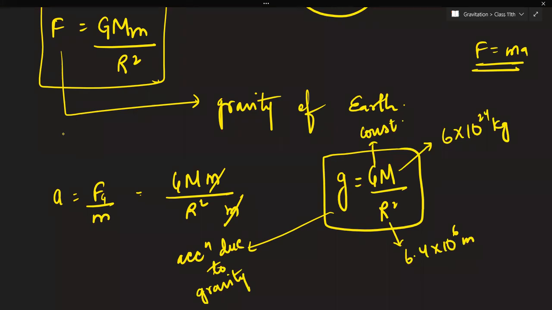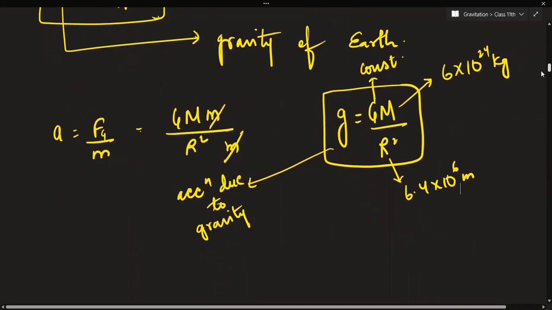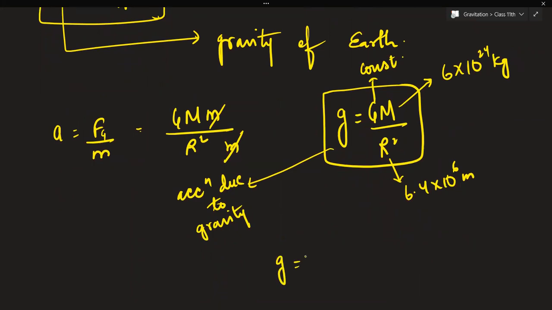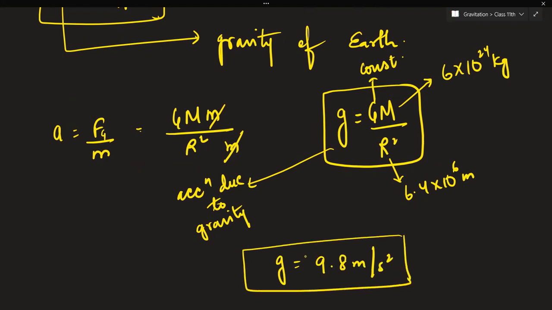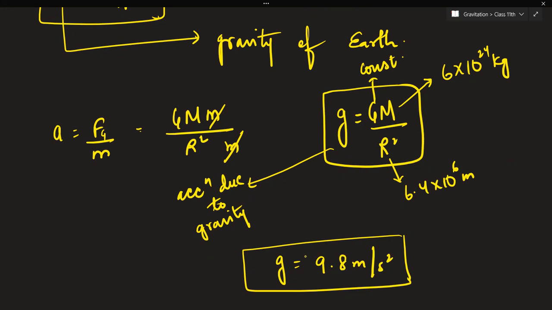Now, if you substitute all these values in the formula, you get the value 9.8 meter per second square, which we have been using in the lessons on motion in a straight line, projectile motion, and so on. Okay. Fine. So this is 9.8 meter per second square, the acceleration due to gravity's value. This is how the value of acceleration due to gravity is calculated.